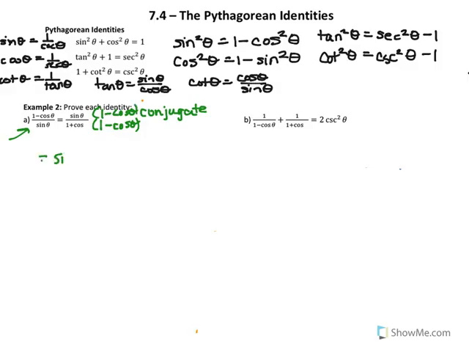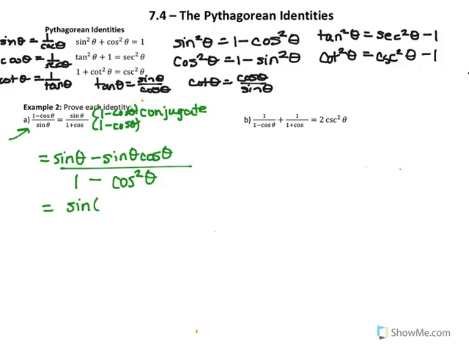So I have sine theta minus sine theta cosine theta over, and now this is going to be, because it's the opposite, it's going to turn into 1 subtract cosine squared theta, which is awesome, because now I can change that into a sine for this.